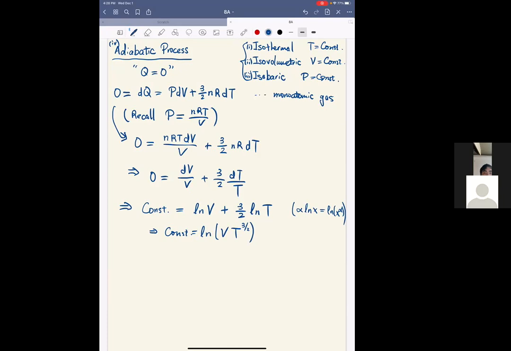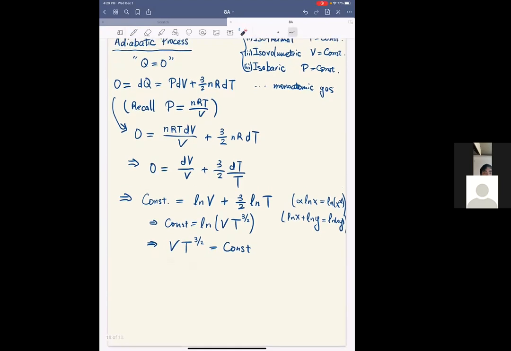Oh, and also remember that ln x plus ln y equals ln xy. In other words, this means that VT to the 3/2 is a constant. Since the ln of that is a constant throughout the process, this number itself should be a constant throughout the process.